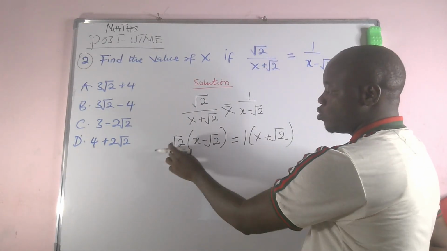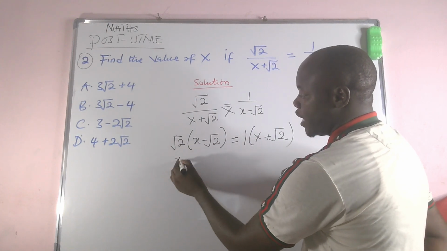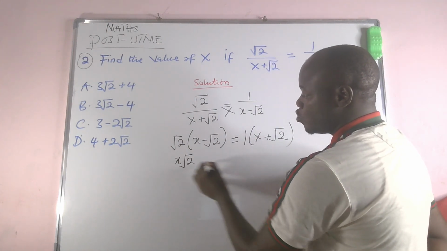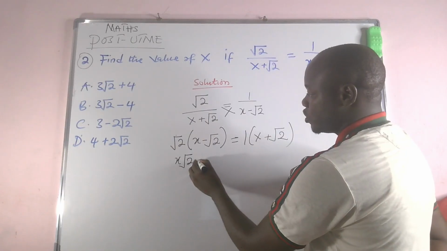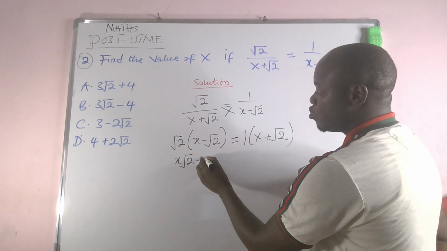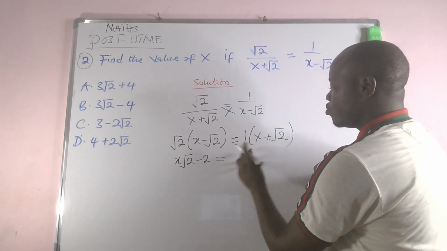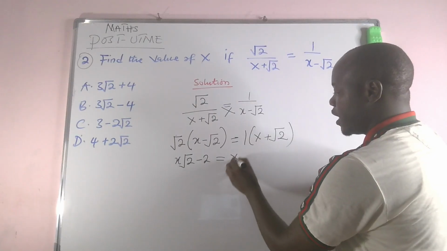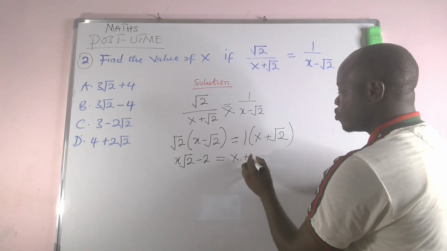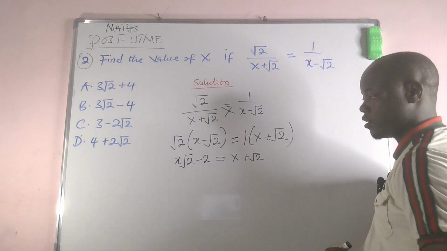So now we are going to open this bracket. So this time this we have x root 2 minus root 2 times root 2 is equal to 1 times x, we have x, plus 1 times root 2, we have root 2. So this is what we have.